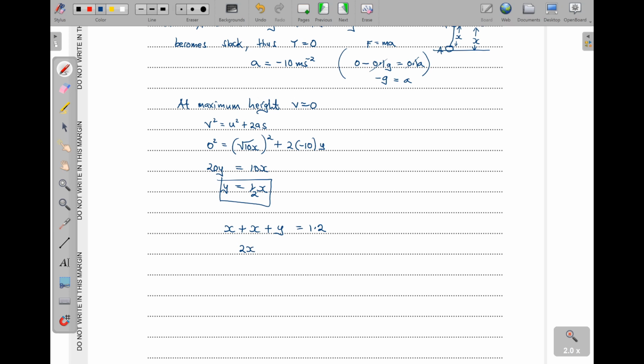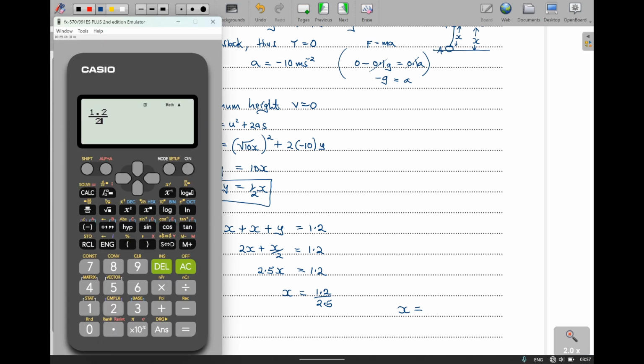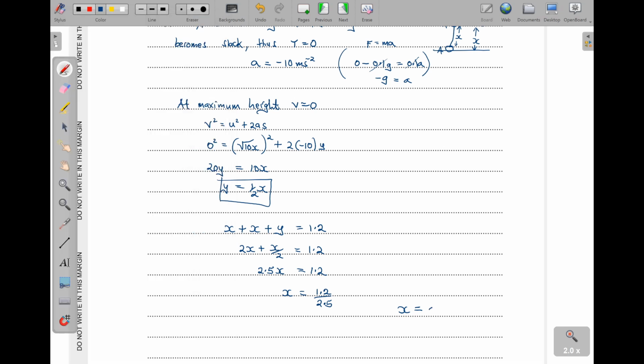This is 2x here, then plus y, which is x over 2, which is equal to 1.2. And this is 2.5x, because if you have 2 plus the 0.5, then this one is equivalent to 1.2. That means our x is going to be 1.2 divided by 2.5. So therefore, what is the value of x here? 1.2 divided by 2.5 is 12 over 25, which is the same as 0.48 meters. So that is that.